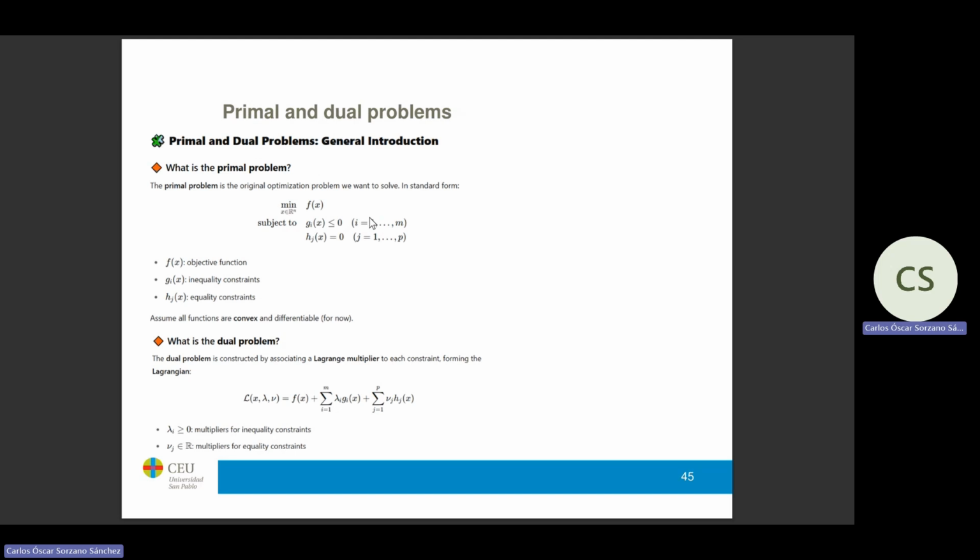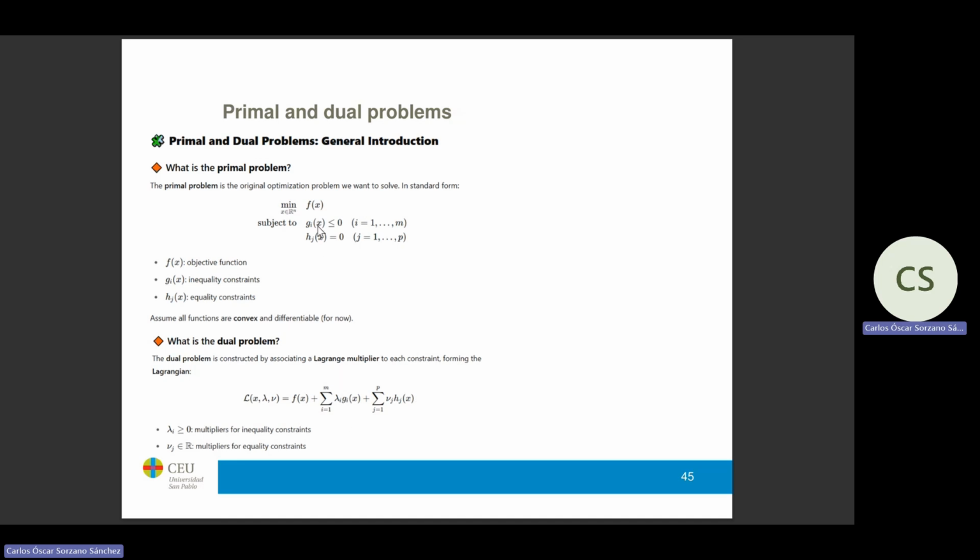Okay, so then let's move on to the next family of algorithms. These are called primal and dual problems, or primal and dual algorithms. So let's start with the standard problem. We have minimization of f, subject to some constraints, inequalities and equalities. And this is called the primal problem. The dual problem is the one that minimizes the Lagrangian.